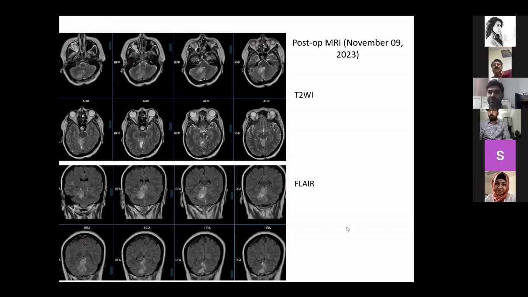Assalamu alaikum. Yes, sorry, I missed the initial presentation, but I have seen this case previously. On imaging, we see that this is a well-circumscribed lesion, which is hyperintense, with very little vasogenic edema associated with it, and some heterogeneous nodular enhancement within the tumor.